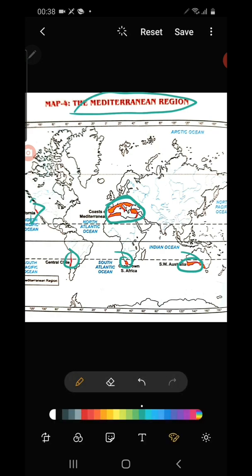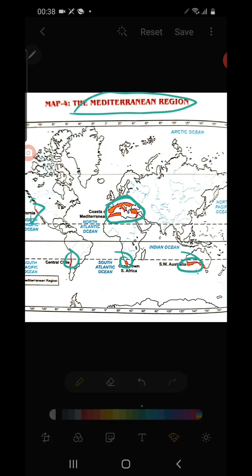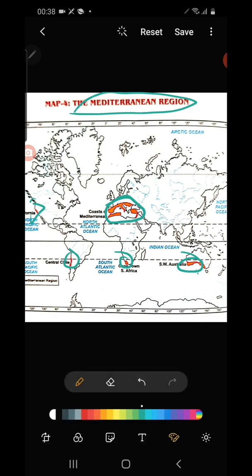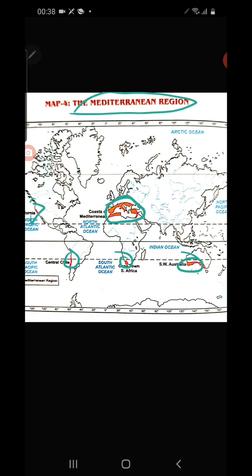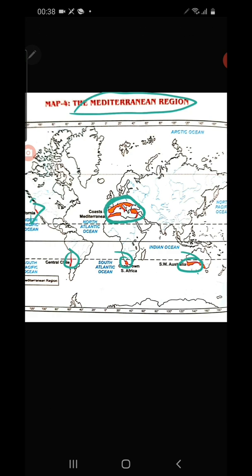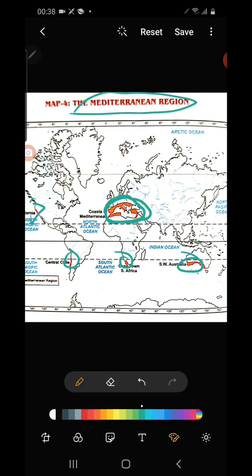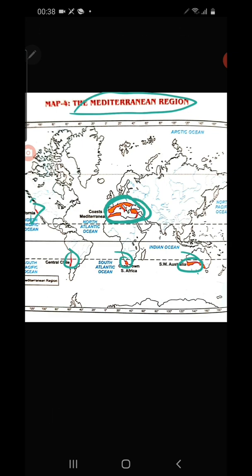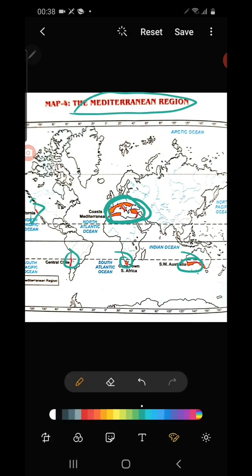It doesn't mean that in Australia there is a Mediterranean Sea, but the climatic condition, wildlife, soil and relief features are almost similar to the natural region of the Mediterranean coast. Here also it is the same. So all these regions are named as Mediterranean region.